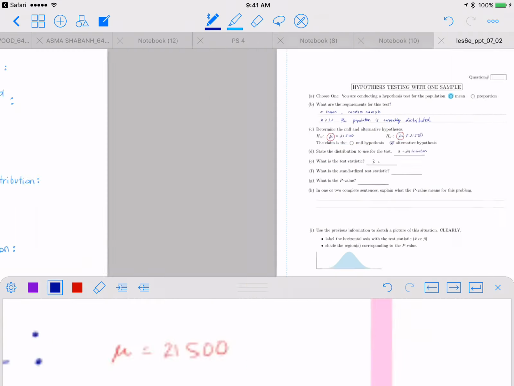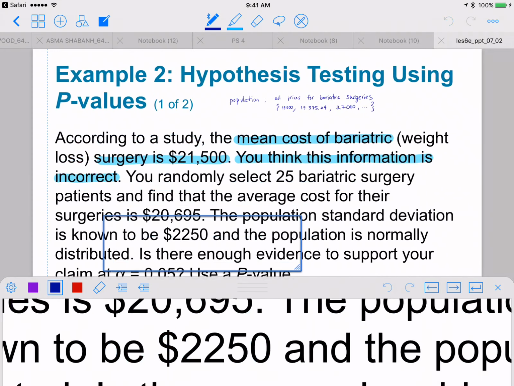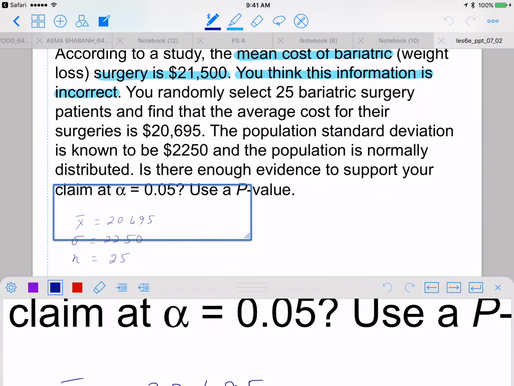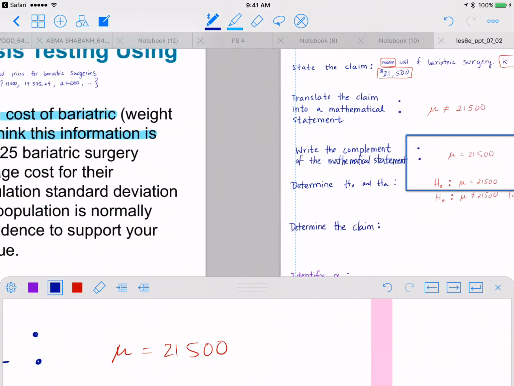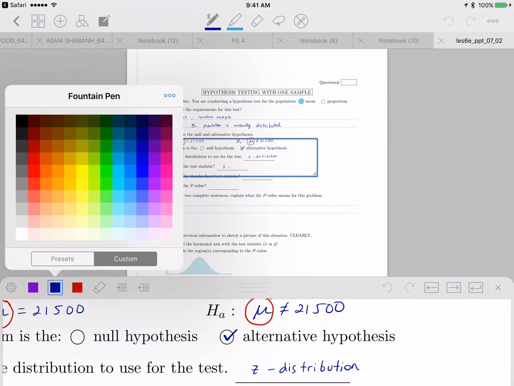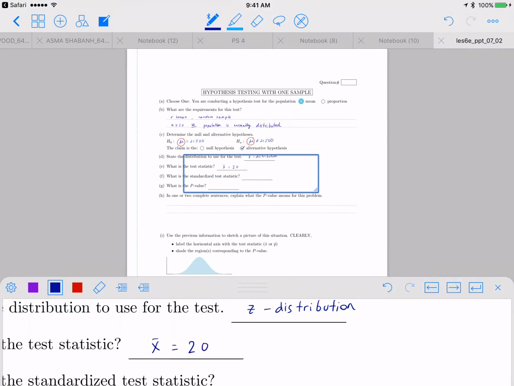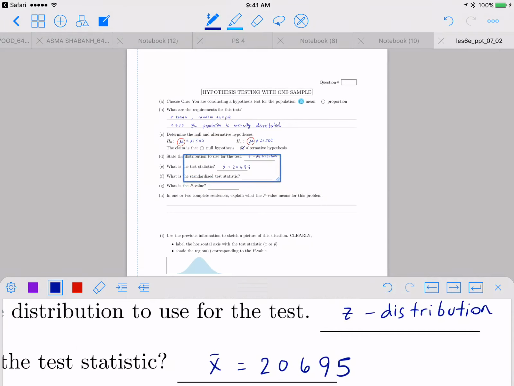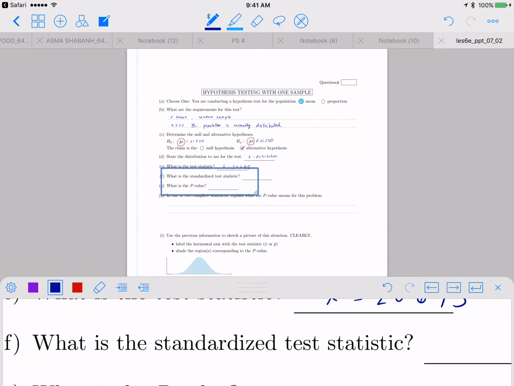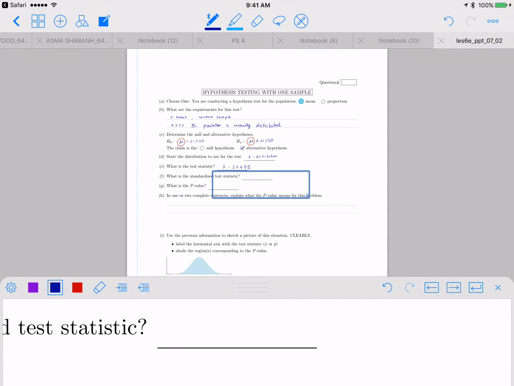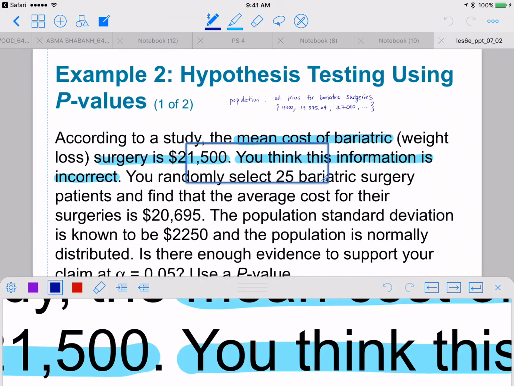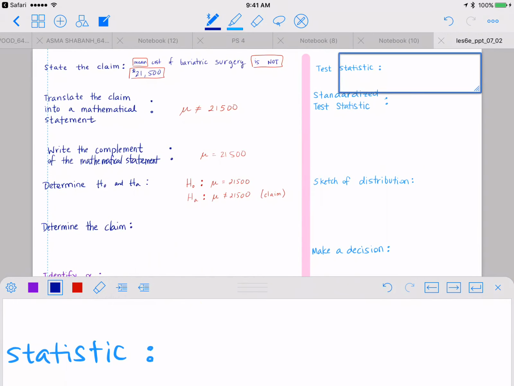So X bar equals, let's go back and see how to figure this out, $20,695. Okay. What is the standardized test statistic? So this is x bar equals 20,695.